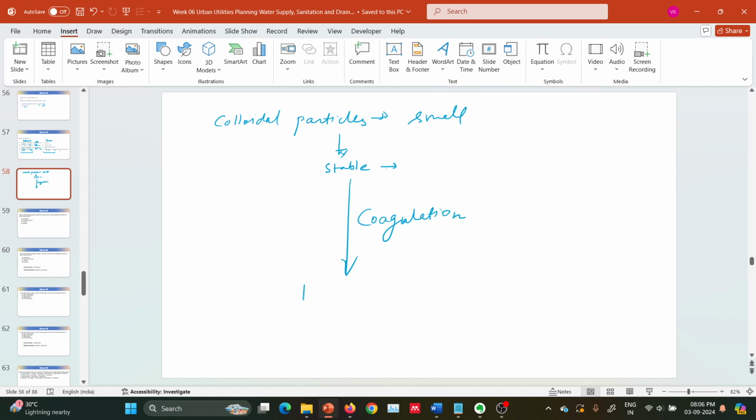With the help of coagulation we destabilize them. Stable here means they have charge and they repel each other and they undergo Brownian motion.